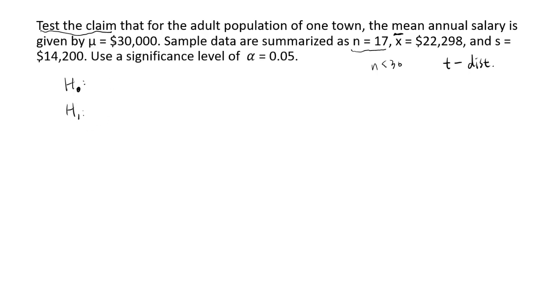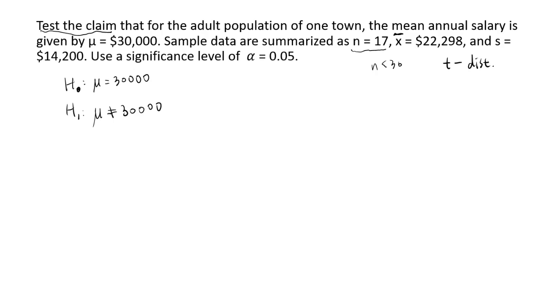Because you have mu equals 30,000, that becomes the null hypothesis, because every time you have an equal sign, that's the null. What you want to prove is that this is not right. To test whether this is right or wrong, you have to show that this is not true.